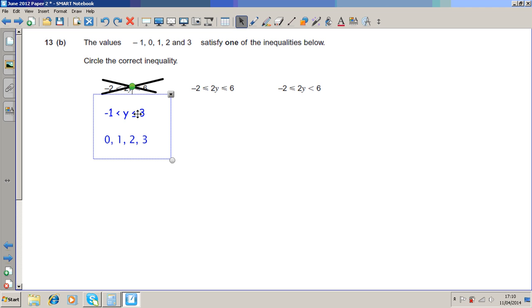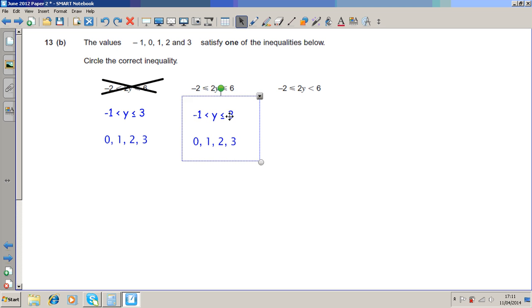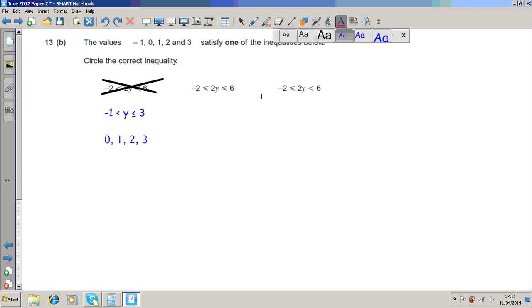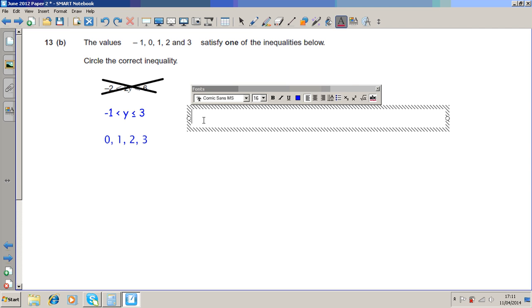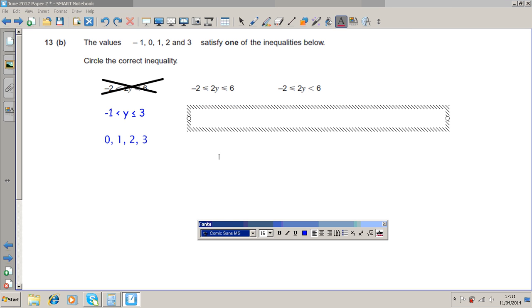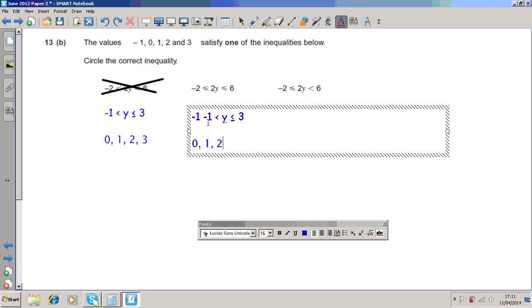This one. That's a bit annoying. This one here then, if we divide that by 2, you'll get minus 1.